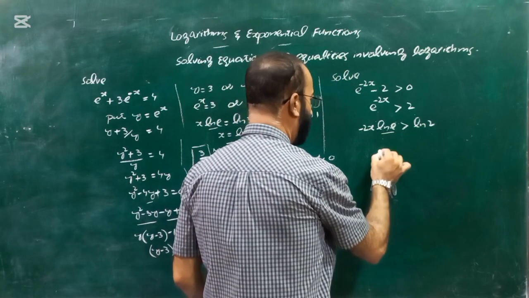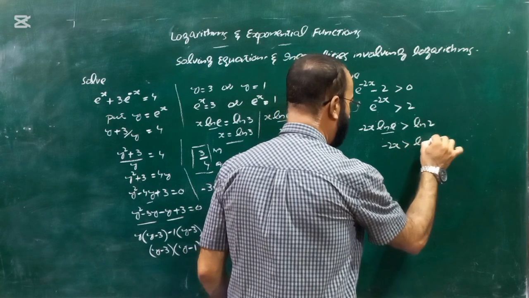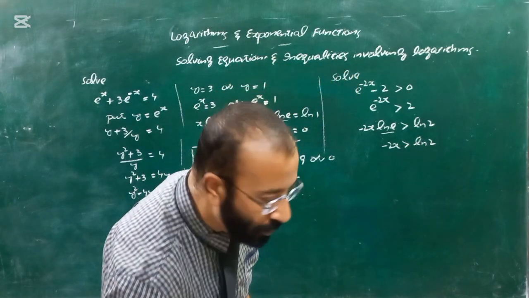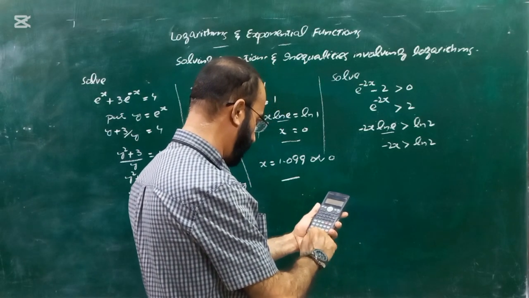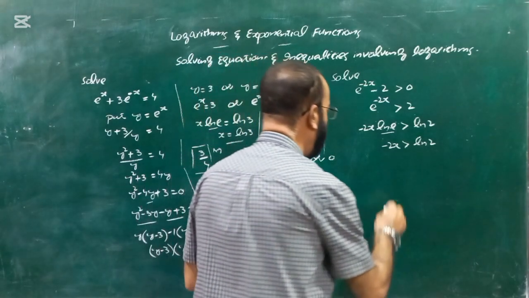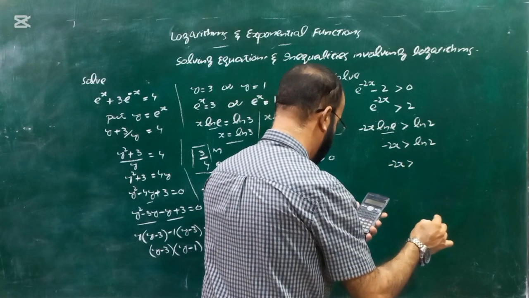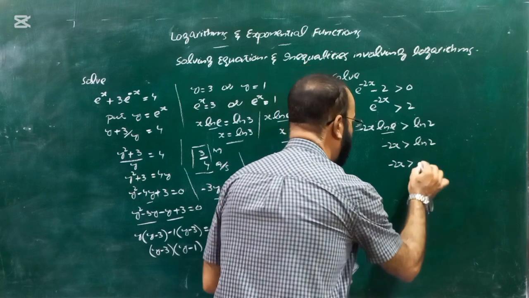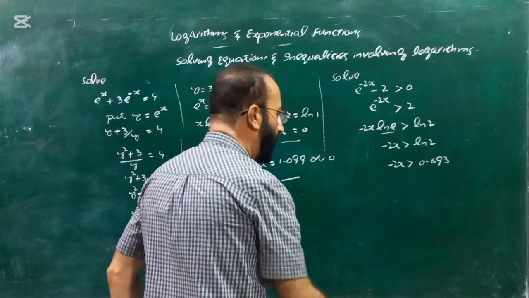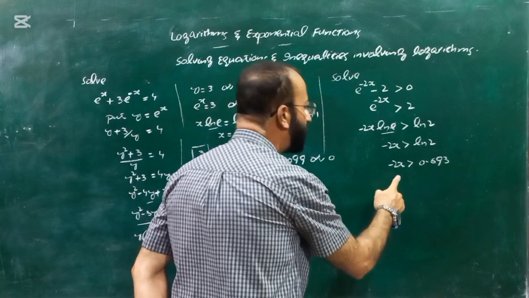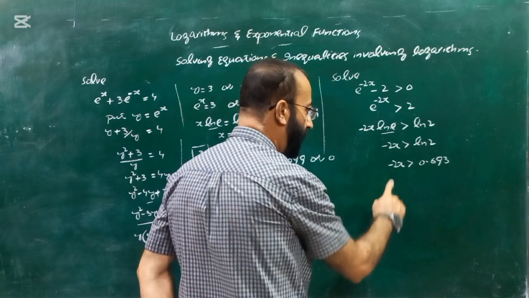Okay, natural log of e is 1, so minus 2x is greater than natural log of 2, and natural log of 2 is 0.693. So minus 2x is greater than 0.693. Okay, multiply both sides, because actually we want to find the value of x, so we have to multiply both sides with minus sign.